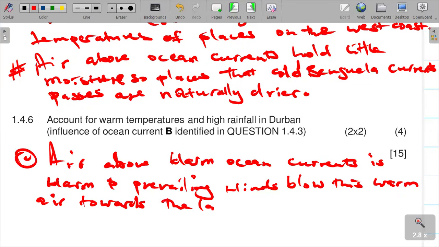So now, it raises the temperatures of the places that they pass through.